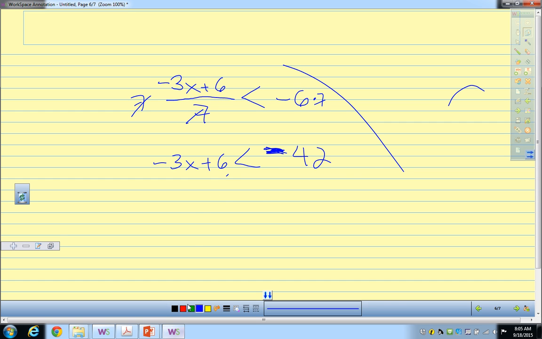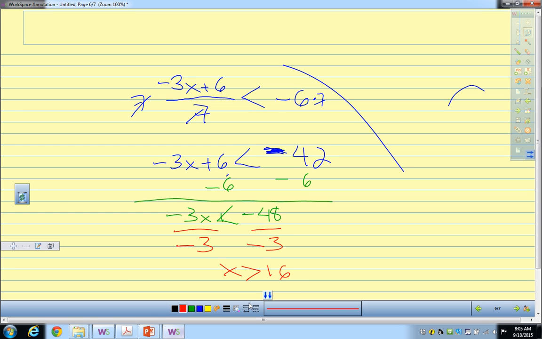Then I would subtract 6 from both sides. Minus 6, minus 6. I get negative 3x is less than negative 48. And then I'm going to divide by negative 3. When I divide by negative 3, the sign flips, and I get x is greater than 16.